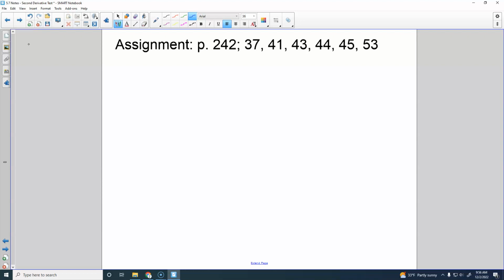Definitely 37 will be fine. 41 will be fine. 43 is okay. 44 and 53 should be the only ones that are kind of difficult because your second derivative will be a little bit difficult there. The other ones should have pretty basic second derivatives there. So I think these are fine.